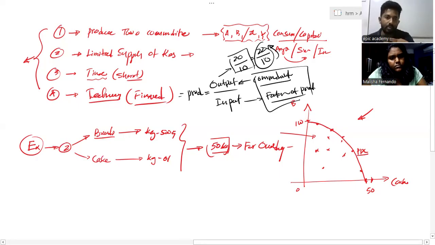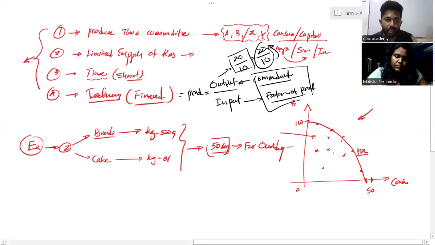So now you can identify, if technology changes, productivity can change. If we consider technology in this theory as a variable factor, we cannot draw a PPC curve because it can change.